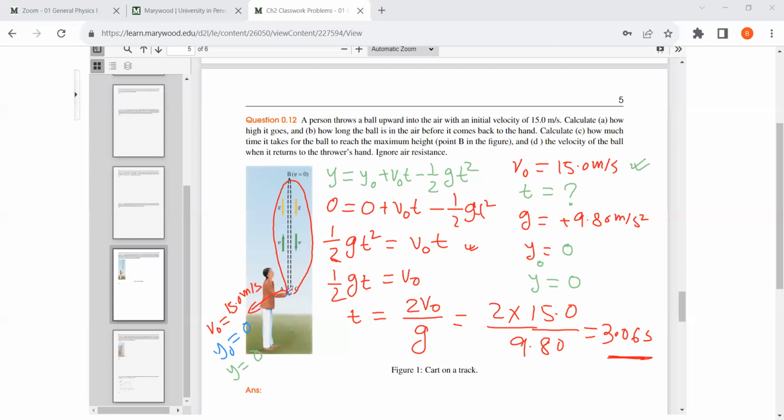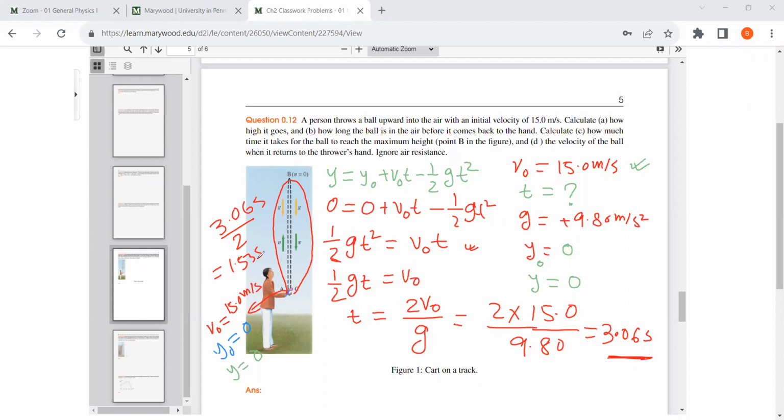Now if the air resistance is negligible, the time it takes to go from A to B will be half of the total time. So 3.06, and from B to C it will take the other half. So from A to B it will be 1.53 seconds, and from B to C it will take another 1.53 seconds.